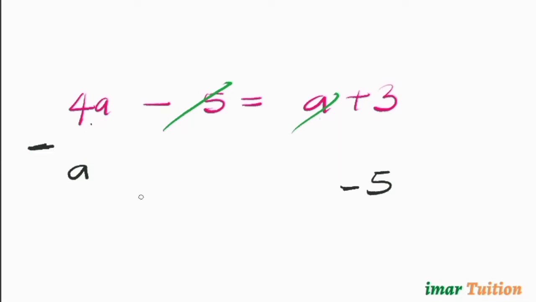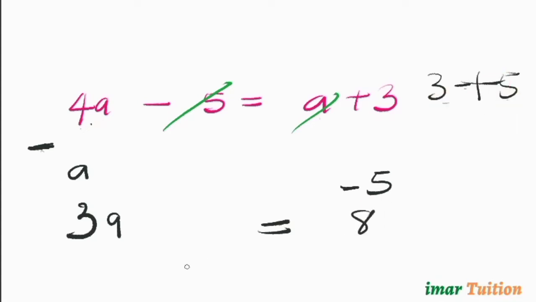Next, you put a minus sign here. You're going to subtract the ones at the bottom from the ones on top. So 4a minus a here will give you 3a to be equal to 3 minus 5. That is 3 minus 5. Minus will give you plus. 3 plus 5 will give you 8.